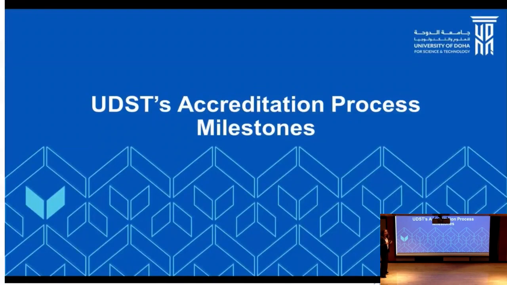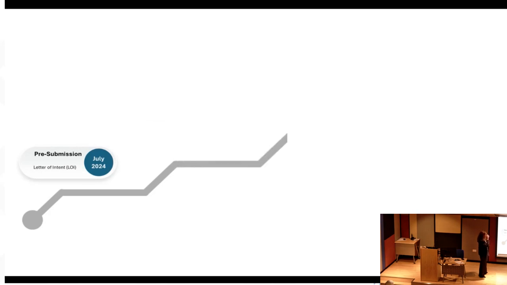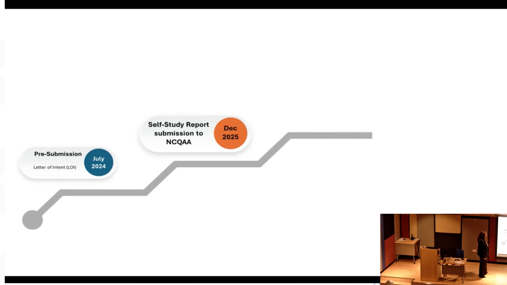UDST's little video for you. Process milestones. UDST submitted its letter of intent to NCQAA in July 2024. The university is currently in the process of preparing the institutional self-study report, which is scheduled for submission in December 2025.